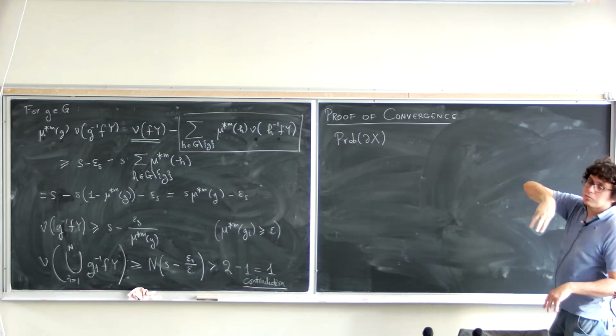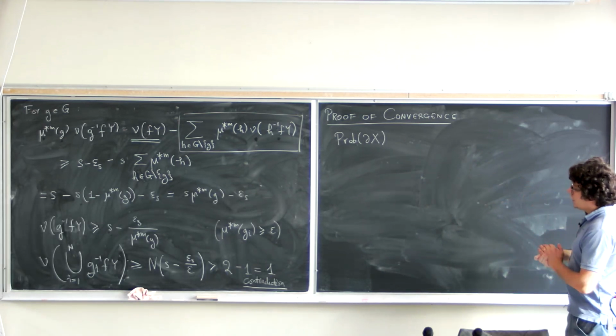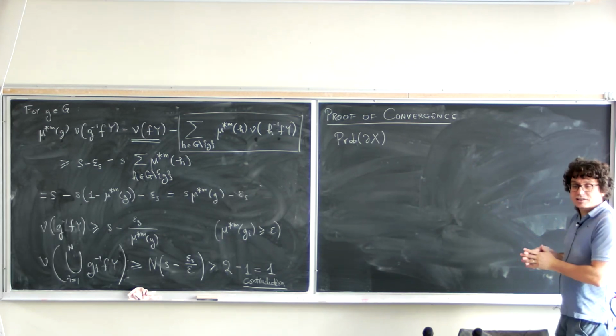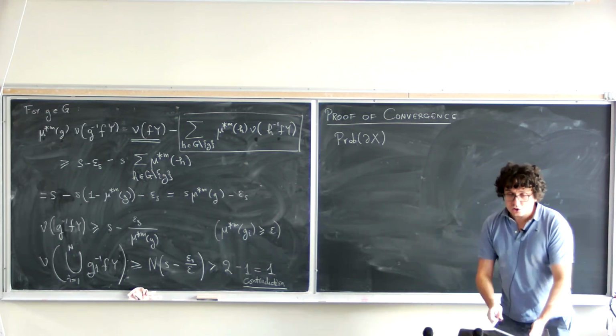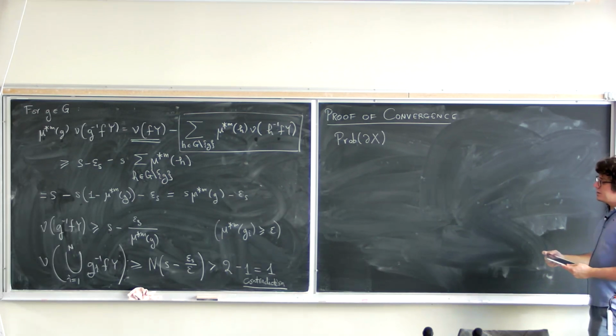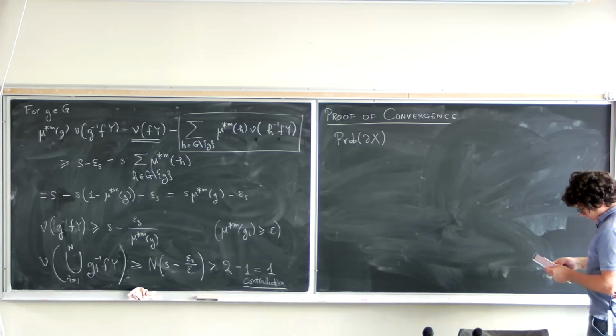And then by the geometry, we know that the limit has to be a delta mass, basically. And there cannot be two different limits, because this would correspond to converging to two different delta masses. So that's the outline of the original proper space proof.